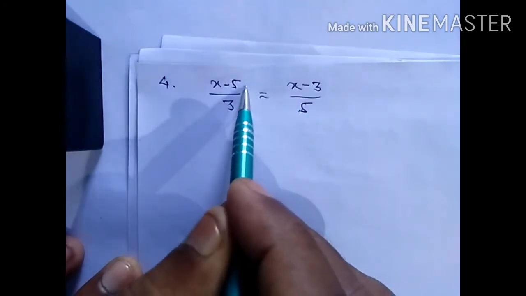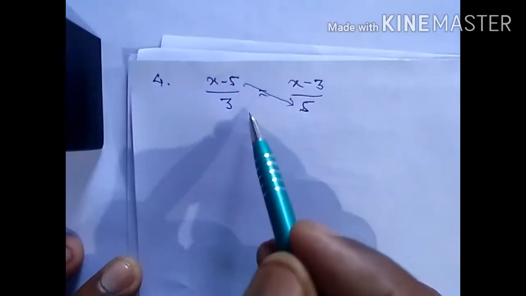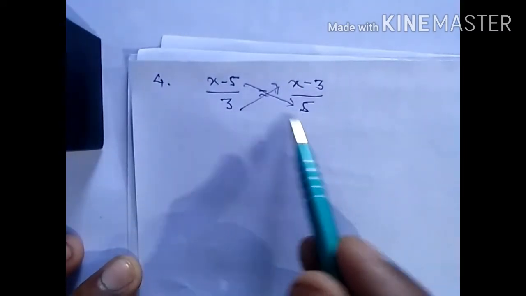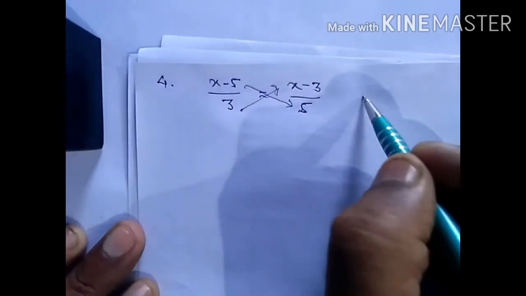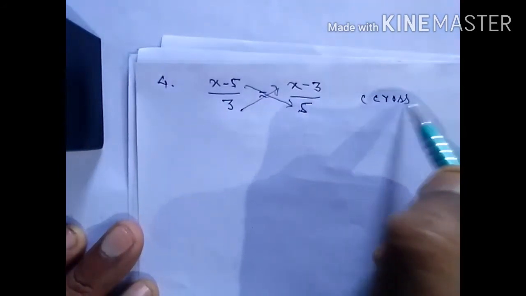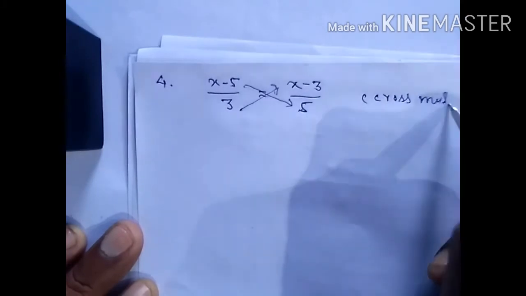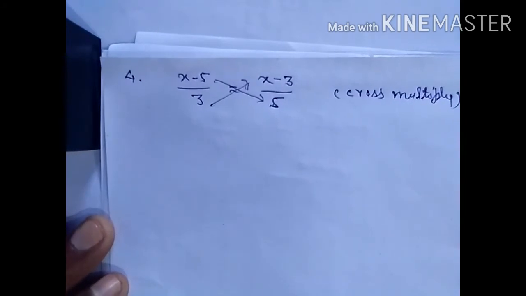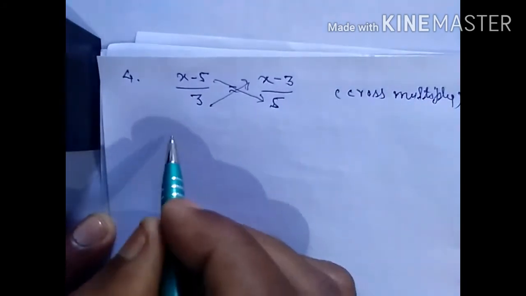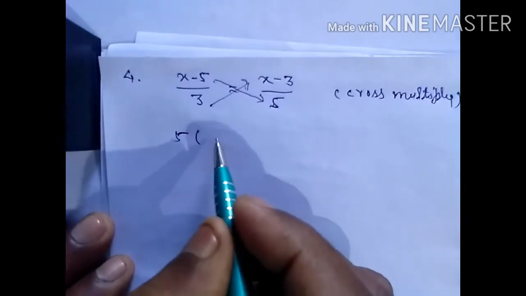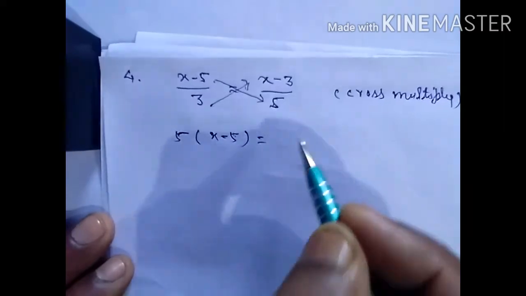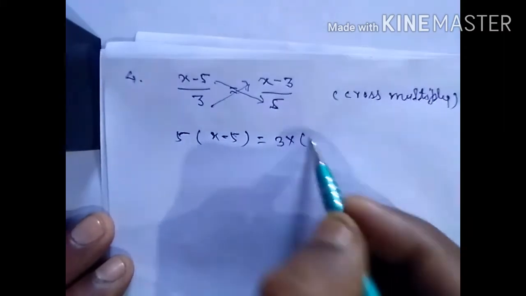Cross multiply means, student, we have to multiply this x minus 5 with this 5 and this x minus 3 with 3. So in the first step we have to do this cross multiplication, student, cross multiply.